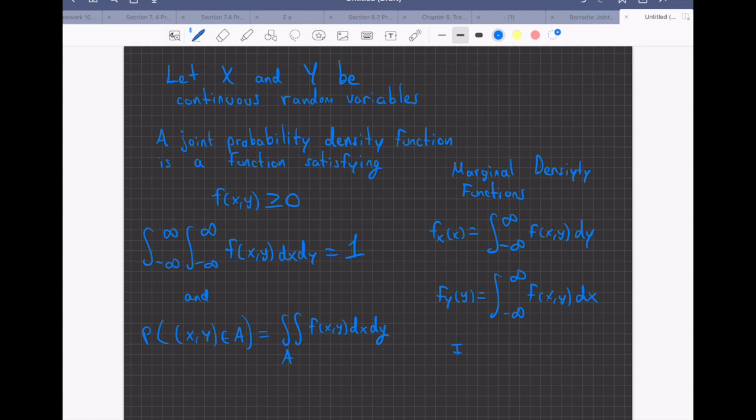And of course, independence. X and Y are independent if the joint density function is equal to the product of the marginal functions.